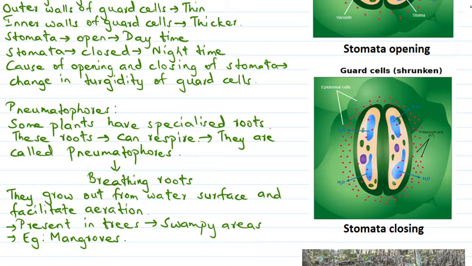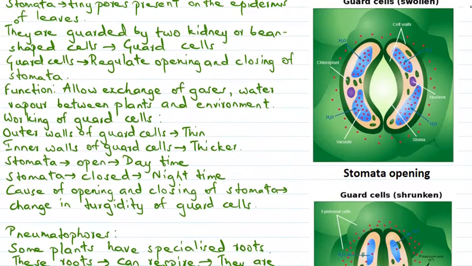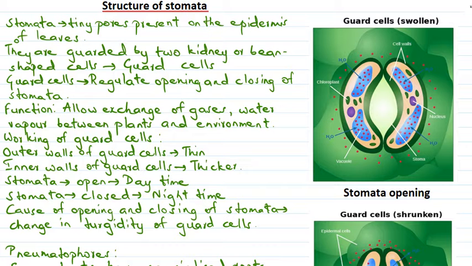So let's now quickly revise the things that we have covered today. We saw what stomata meant. Stomata are tiny pores present on the epidermis of leaves, and they are guarded by two kidney or bean shaped cells called guard cells.